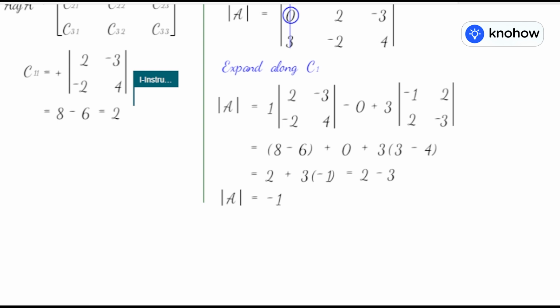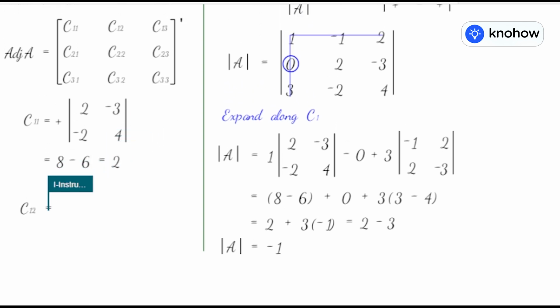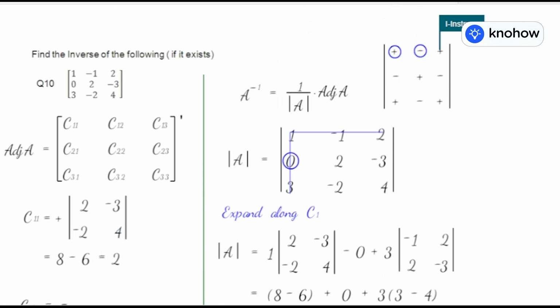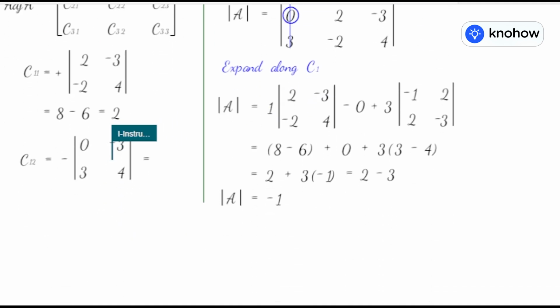And now find out C12. For C12, it will be with negative sign, and delete the row and column through 1, 2, you are left with 0, negative 3, and 3, 4. So work out, you get negative times 0 plus 9, so you will get minus 9.